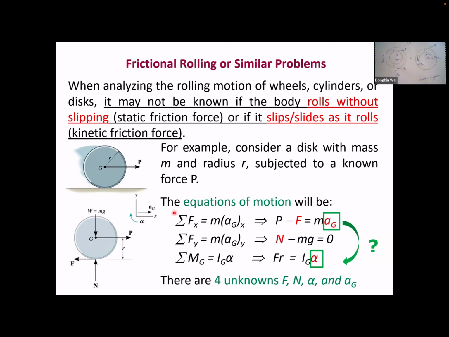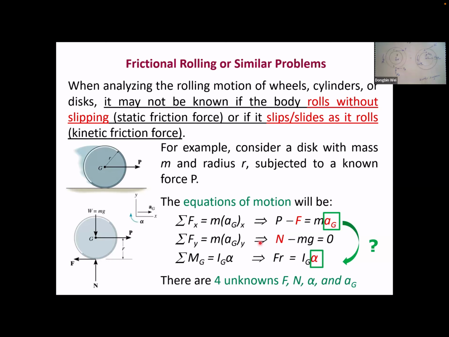The first two are for the translation component, and here we assume we already know the external driving force P, but we don't know the friction force F. Along x direction, we only have P and F. Normally the friction force F is unknown, because at this moment you don't even know if it's kinetic or static friction force. We also don't know AG.